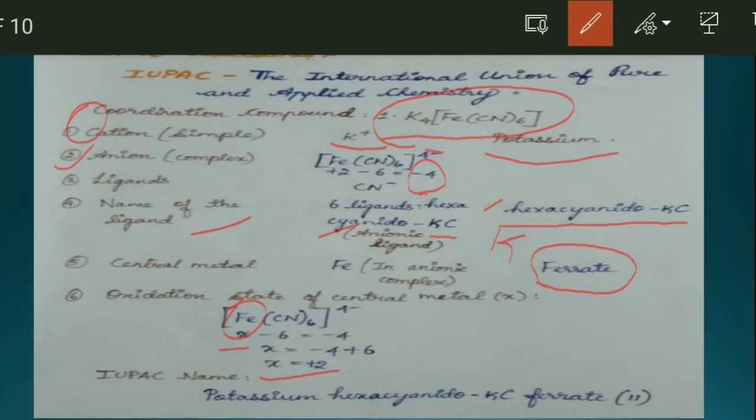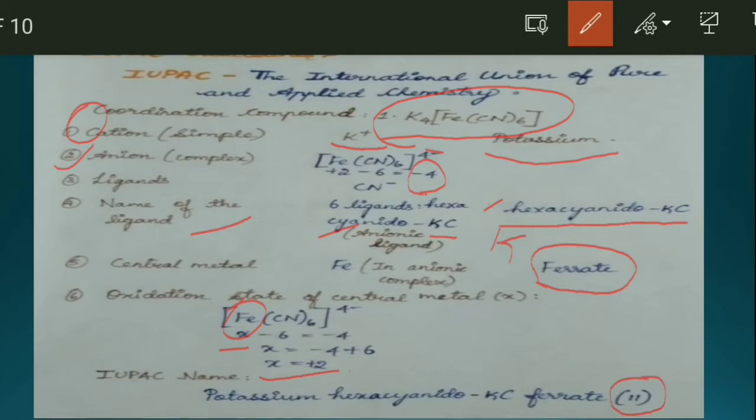So now we are going to name the complex as per the IUPAC guidelines. See, first the cation, that is potassium. Second the ligand, that is hexacyanido-kappa-C. And finally the metal, ferrate. And next to the metal, we are putting the oxidation state.